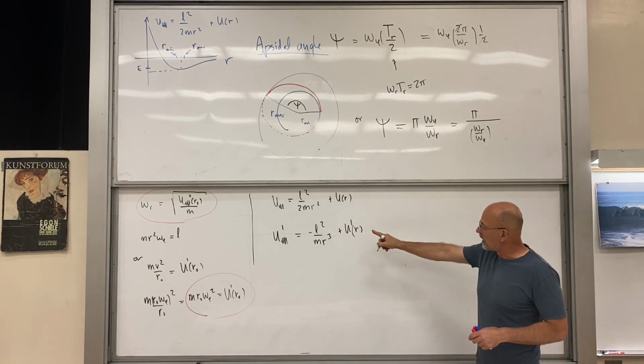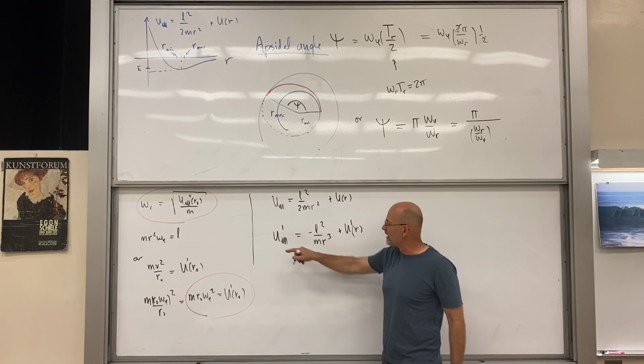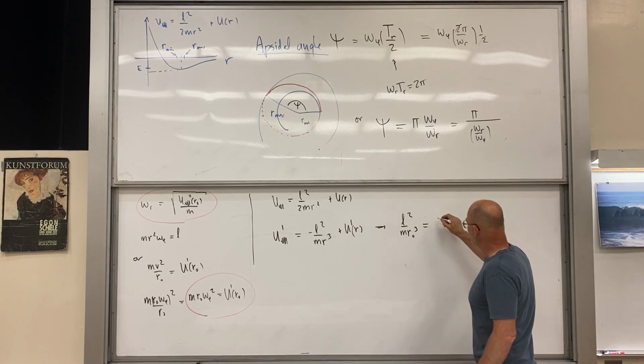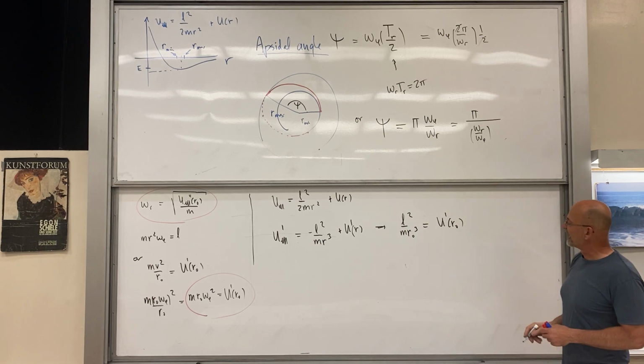And so we can see what r sub 0 is. It's the first derivative criterion. U effective prime vanishes. So we have L squared over m r0 cubed is equal to u prime of r0. So that's one relation we have.